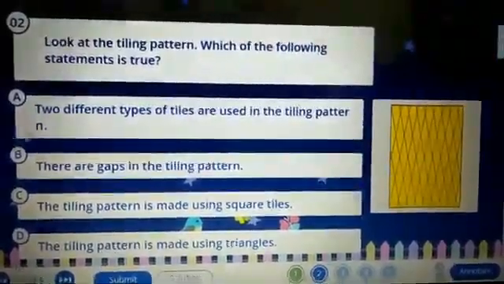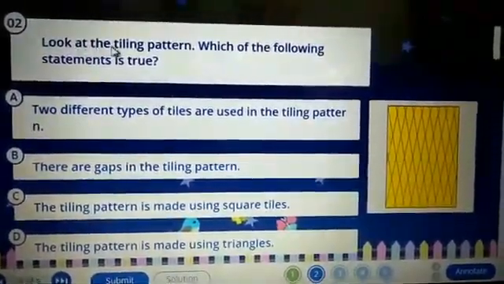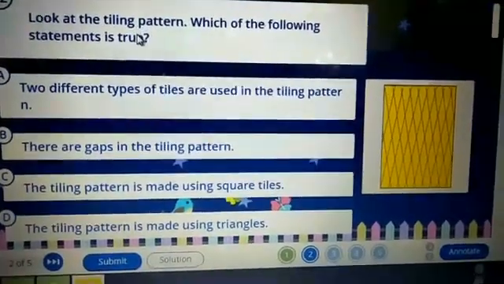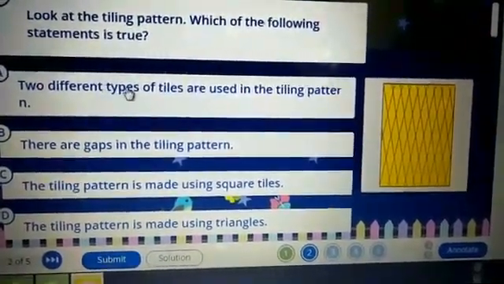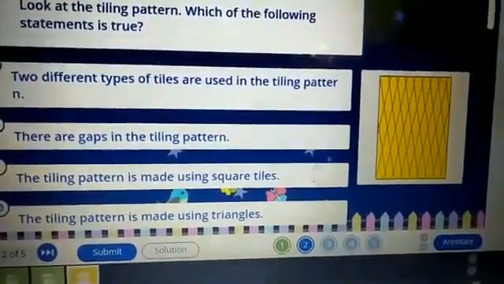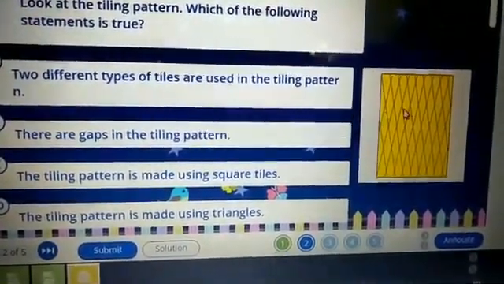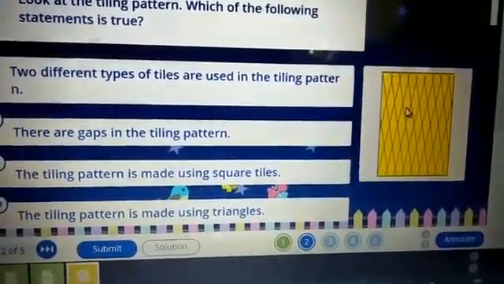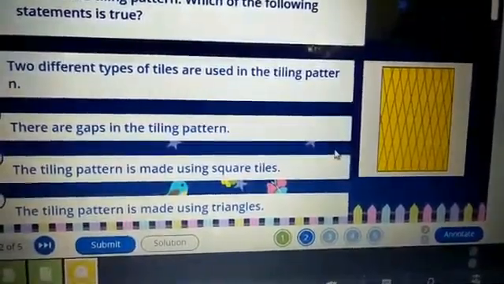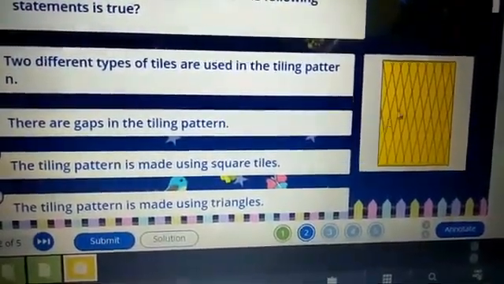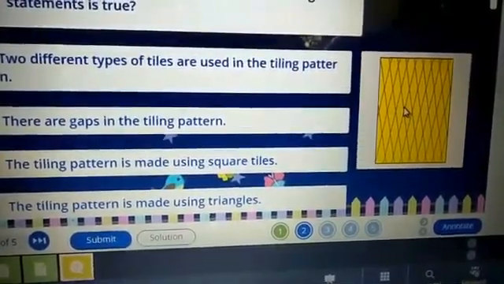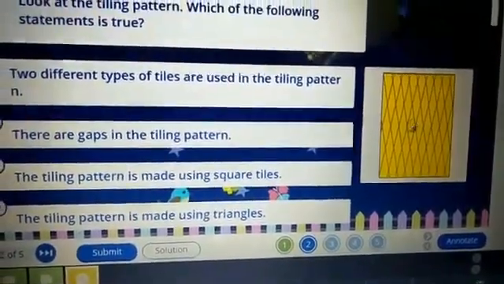Children, our next question. Look at the tiling pattern. Which of the following statements is true? Two different types of tiles are used in the tiling pattern. See here, are there any two different types? No, only a single type here. Then there are gaps in the tiling pattern. Is there any gap? No, that is also wrong.